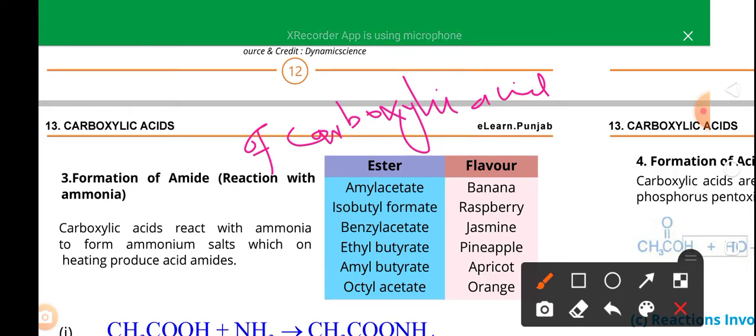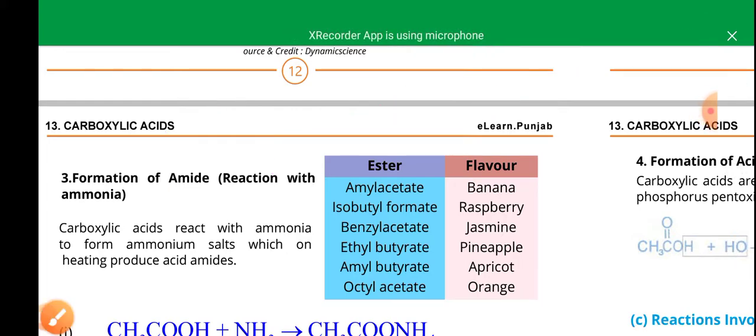We have already discussed the formation of acid halide or acid chloride, and formation of ester. Now, formation of acid amide. This is the third derivative of carboxylic acid.